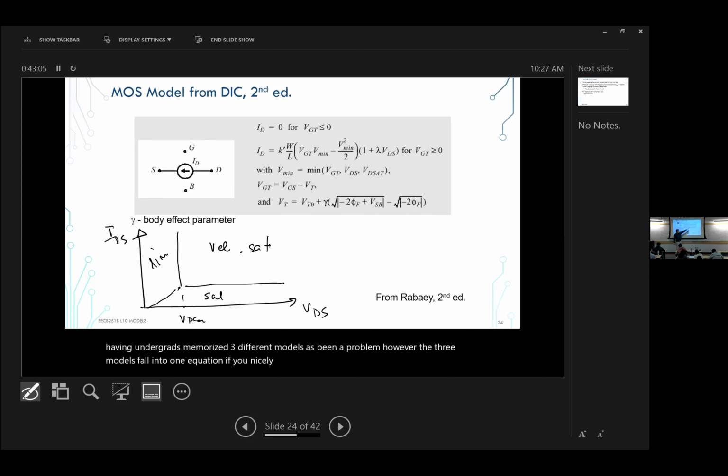And I think Dan came up with that idea, that you can put this thing as VGP, or Vmin is the minimum of VGP, VDS, VDSAT, where VGP is VGS minus VT, and this holds. The problem with this model is that it does not handle transistor stacks correctly. We're going to dive into that in a second. But it's something that can be reasonably understood and memorized.